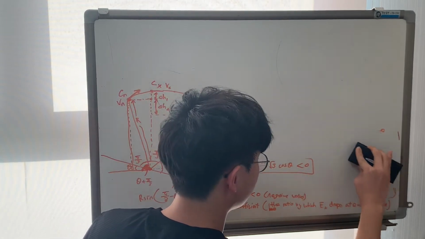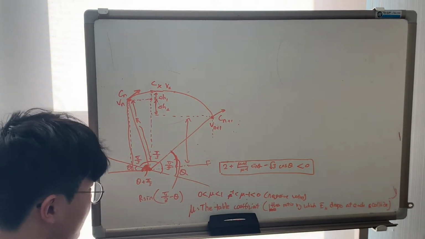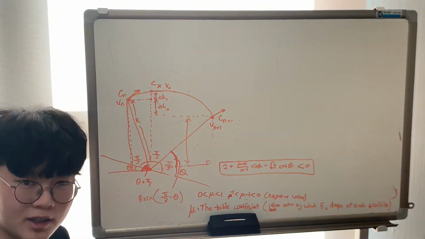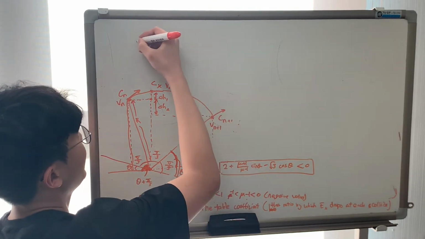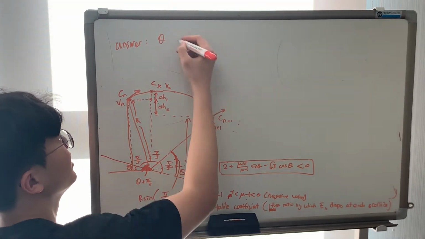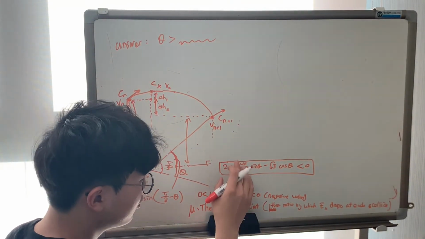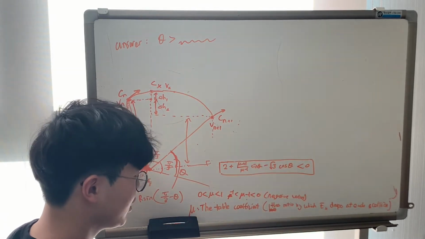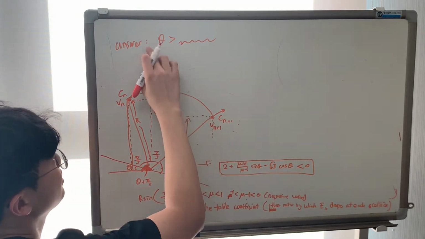It's not really our solution yet, because going back to the question itself, the answer that we want is the minimum value that theta must be, which in the form of inequalities must be that theta is larger than some expression in terms of mu, because mu is the only variable other than theta that is in this expression. So we will be able to express all of that in this form.